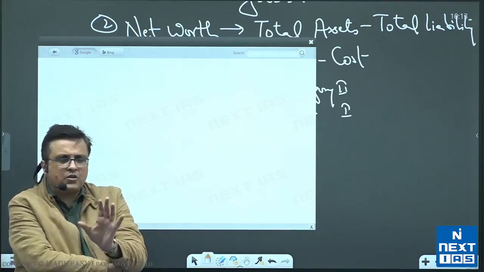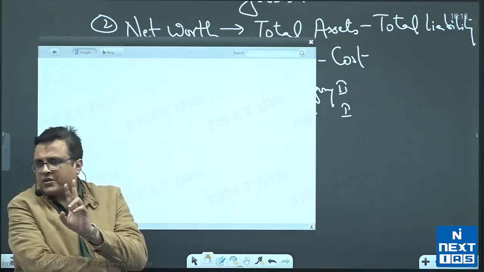I hope you understand it. They should have profit for 3 years and they should have a positive net worth.